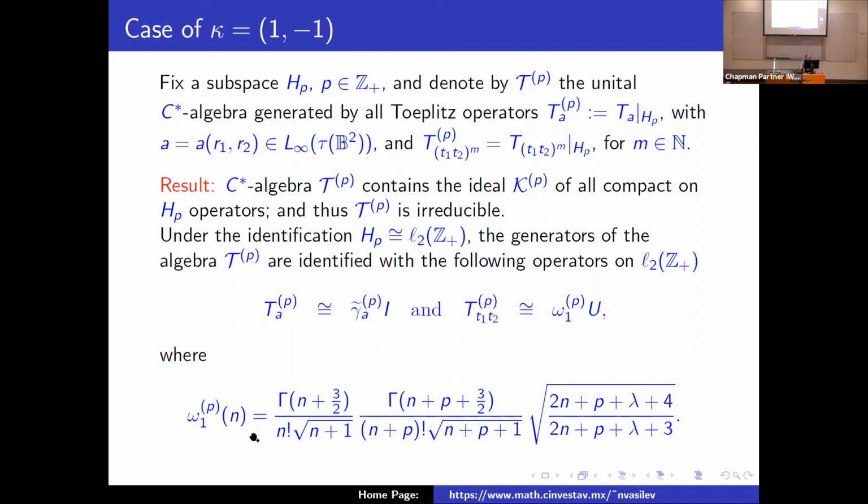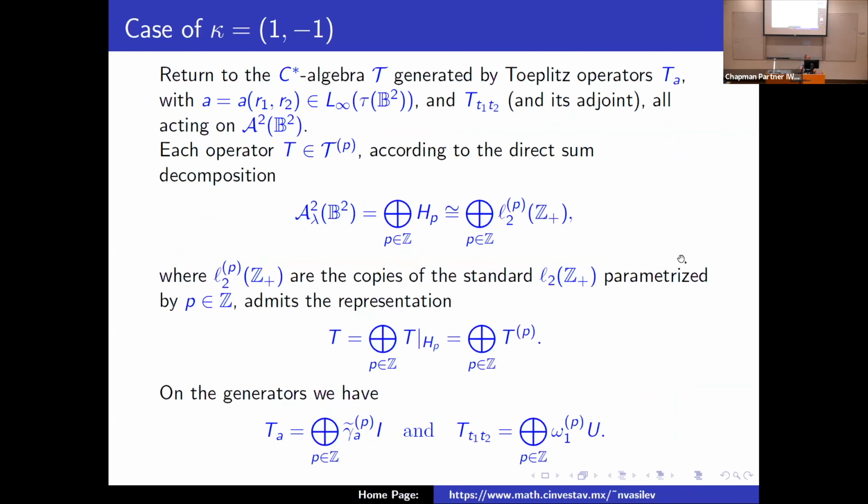So this is the weight. This is the description, maybe not important. So we have a description on each level. Then we would like to combine the description on all levels. What we will have is a different story.